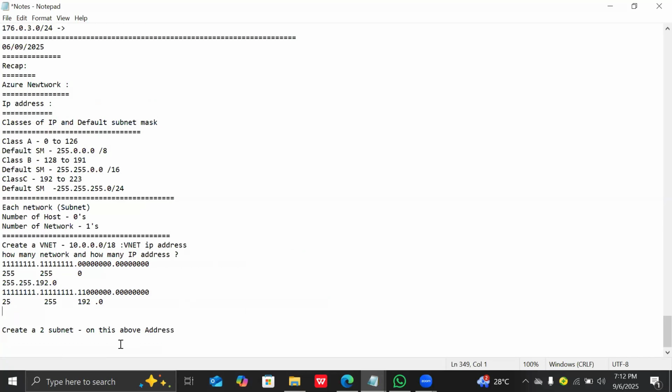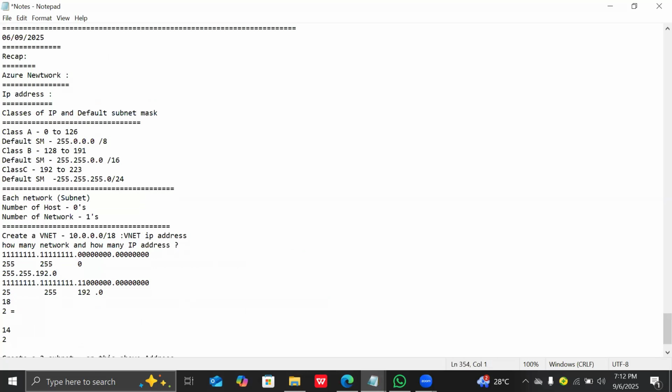Now how many networks are we getting here? For networks it is 2 to the power of 18, and for hosts 2 to the power of 14. Eighteen for ones, 14 for zeros, correct?